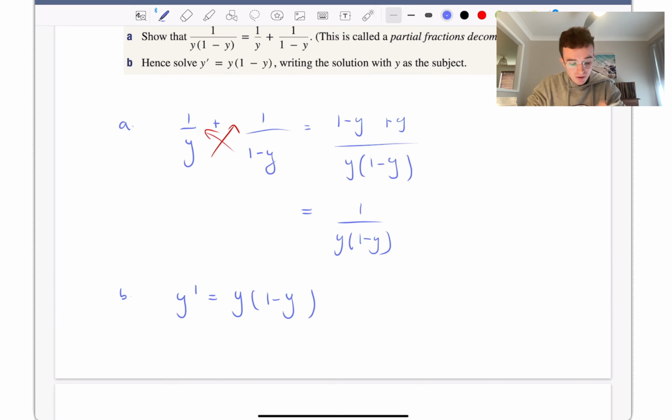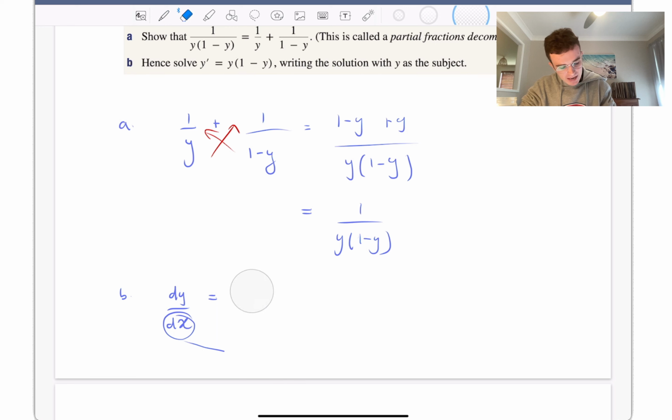Now, very importantly with this, we can't expand and then integrate, because the y dash is implying we're integrating with respect to x on the right hand side, because it's dy on dx, and then we put the dx up to here. We can't differentiate y with respect to x, so we can't integrate y with respect to x.